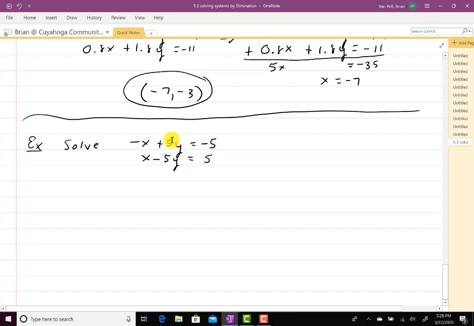Now notice that the numbers in front of x, one is already the negative of the other one. The same happens to also happen to y. When I add them together, I'll get 0 equals 0. What this means is there's an infinite number of solutions.